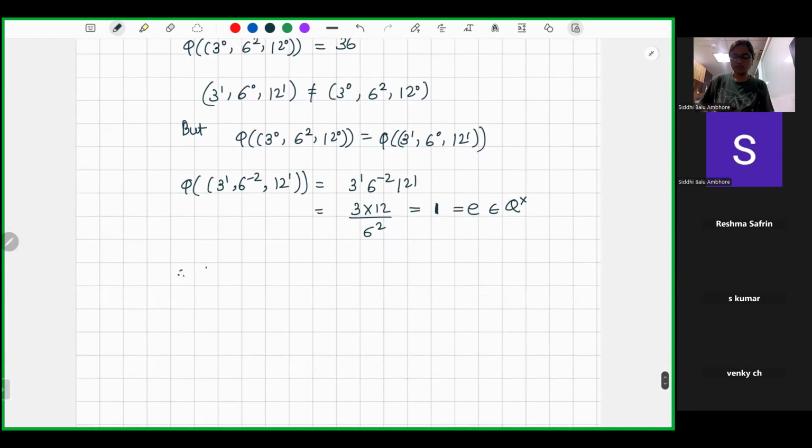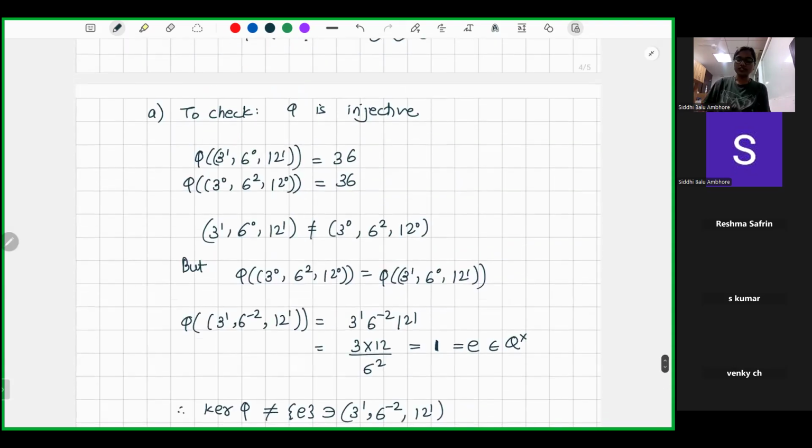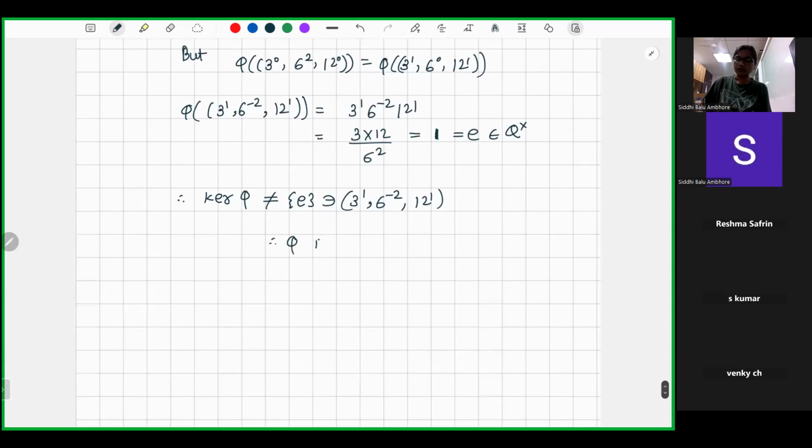Therefore the kernel of phi is not just the identity, as this element 3 power 1, 6 power minus 2, 12 power 1 belongs to the kernel of this map phi. So therefore phi is not injective. Any doubts here?